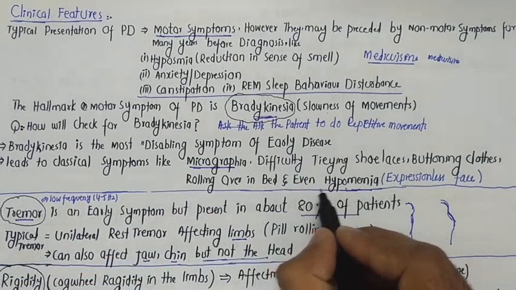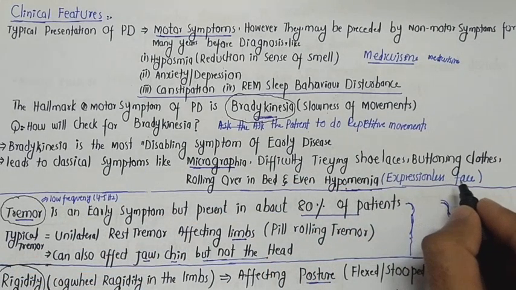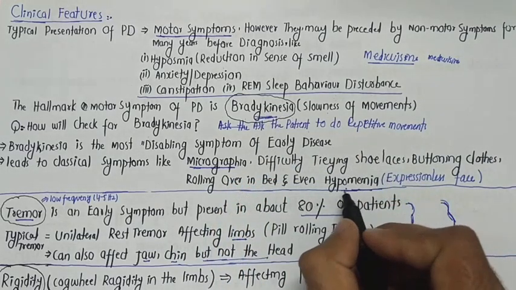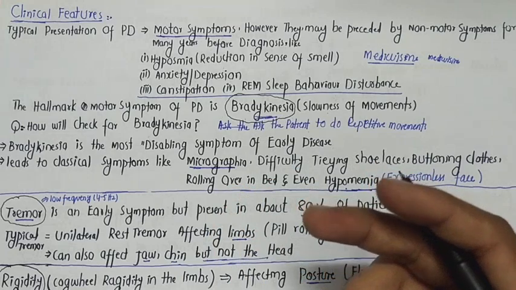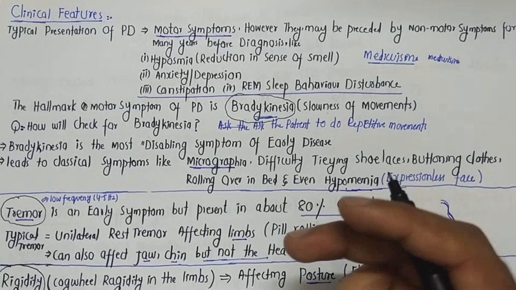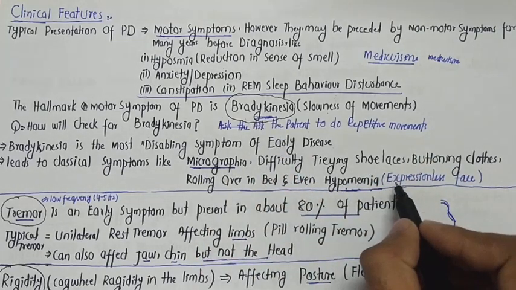And also hypomimia. Hypomimia means expressionless face, which is also due to bradykinesia, because the movements of facial muscles are disturbed due to bradykinesia, which causes an expressionless face.